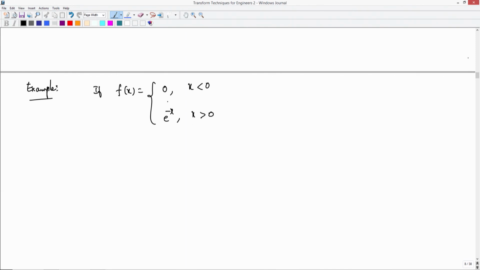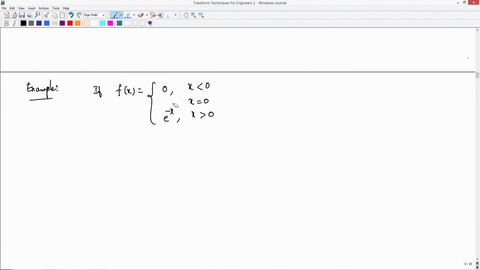But if you define some value at x equal to 0, you will see exactly what it should be, and it should be on par with the Fourier integral theorem.